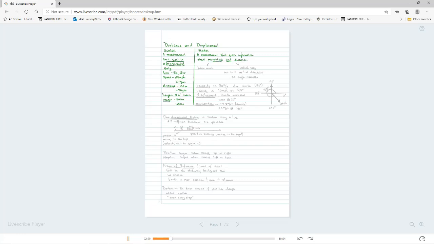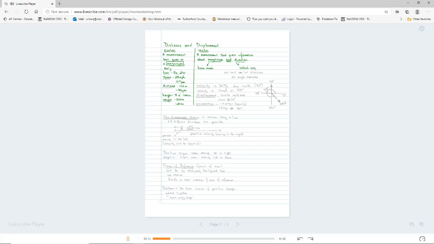So we got to have magnitude and direction. So once again, magnitude is the how much. Remember, this is a how much. And direction is a which way.